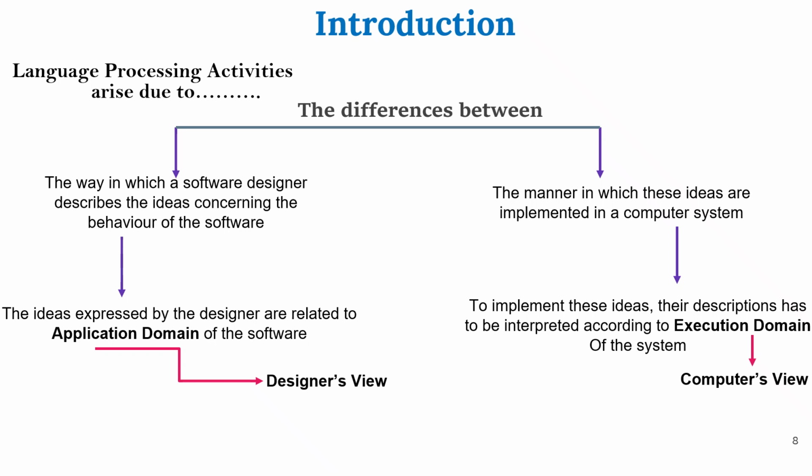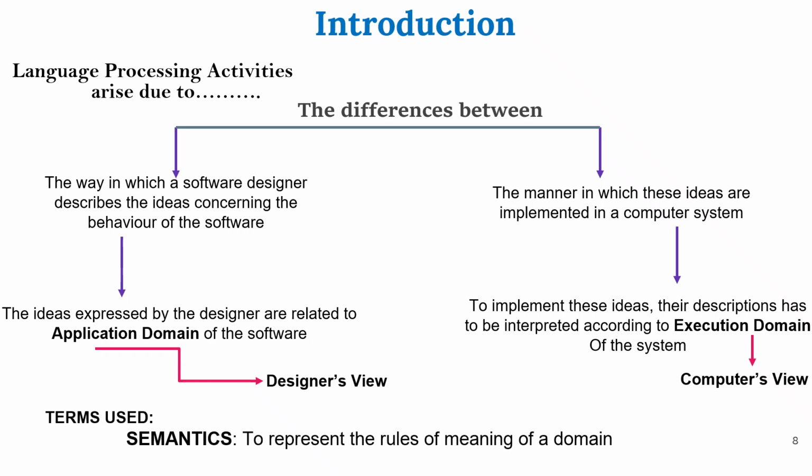Now, to further understand the slides and the subject, these are the terms which I used. First is semantics. What is semantics? Semantics is the term that is used to represent the rules of meaning of a domain. So अगर मैं application domain की बात करूँ, I am talking from the designer's point of view.